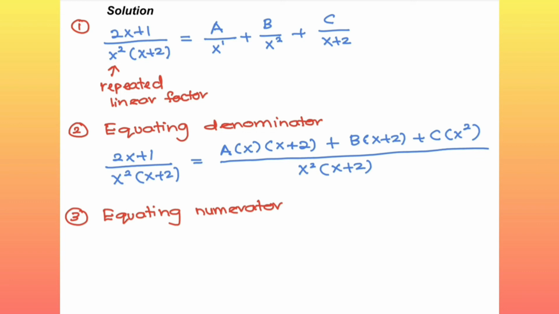Okay, third step, equating numerator. So now we have here 2x plus 1 is equal to a times x plus 2 plus b times x plus 2 plus c times x squared.